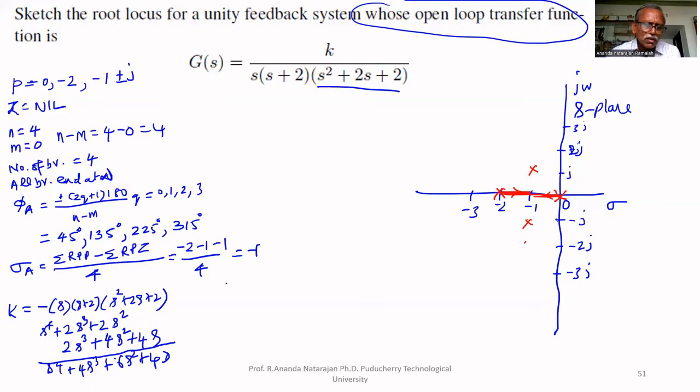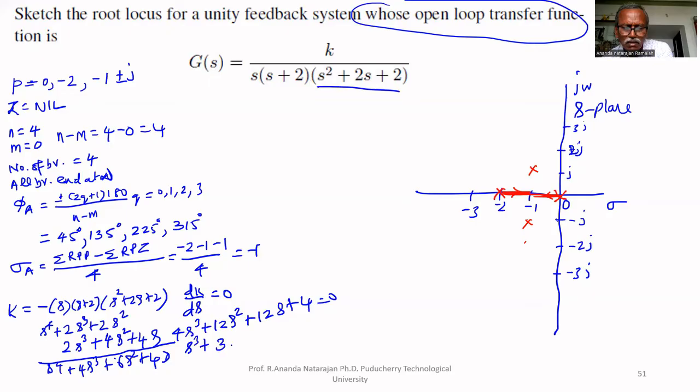Therefore, we find dK/ds = 0. That is 4s^3 + 12s^2 + 12s + 4 = 0, or s^3 + 3s^2 + 3s + 1 = 0.